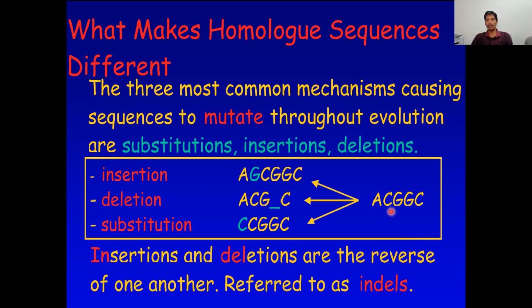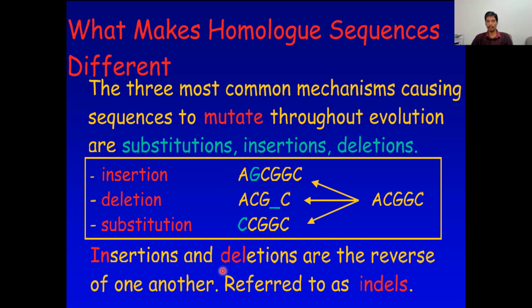It can get mutated into ACGGGC by insertion, where one G is inserted between A and C. Or by deletion, where one G between G and C is deleted, so it becomes ACGC. Or by substitution, where the first nucleotide A becomes C, so CCGGC. So these are the kinds of mutations which drive evolution.